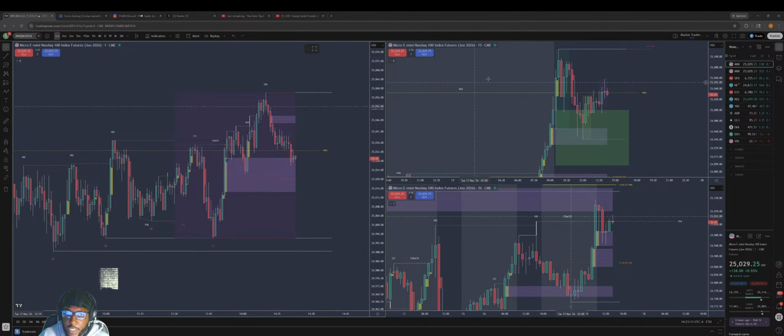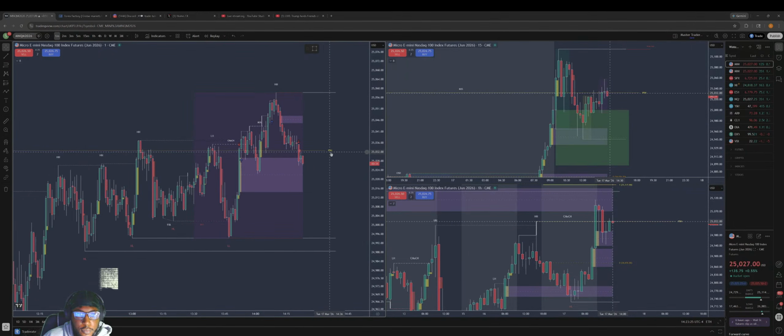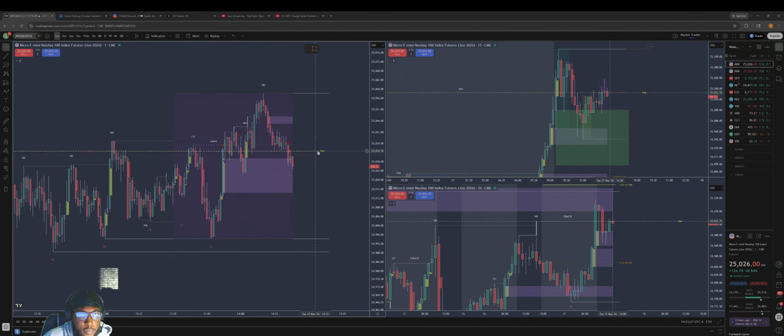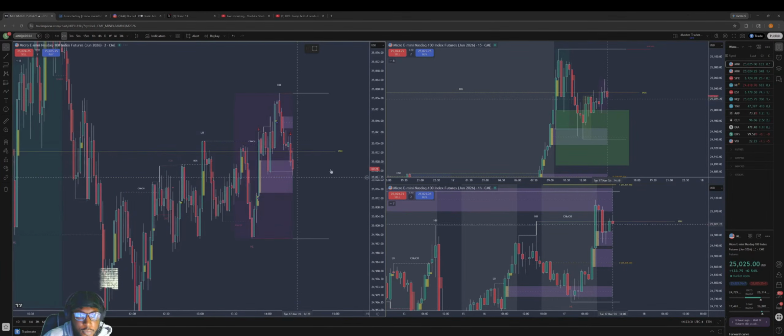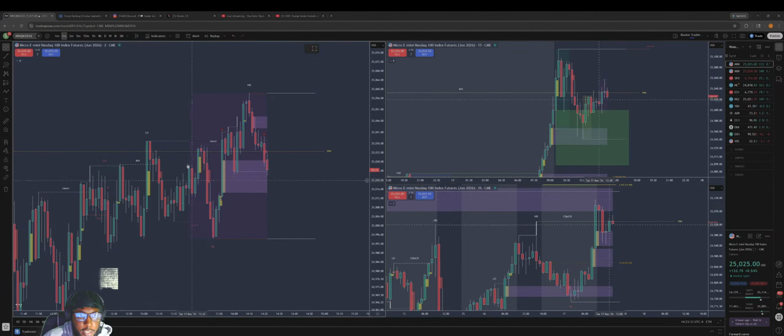We're just not really getting nice action right now. Doesn't seem like neither buyers nor sellers are really winning in this range.